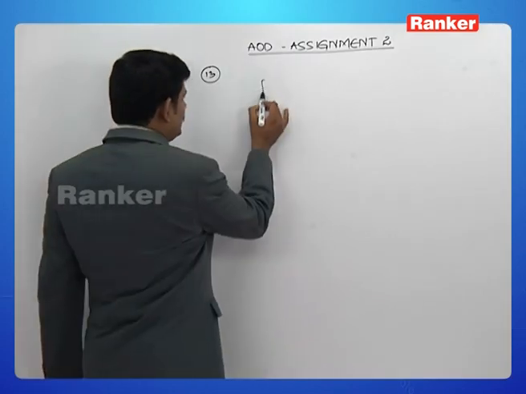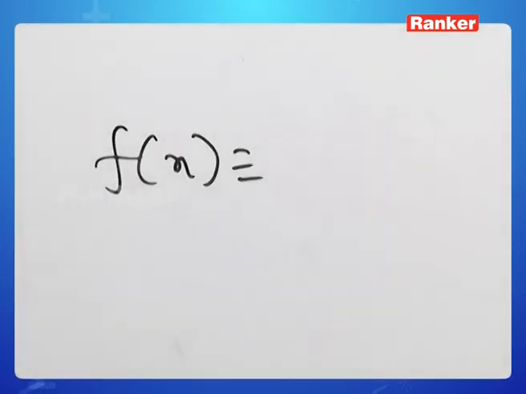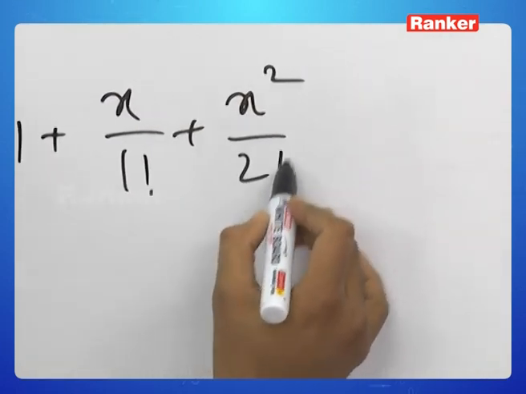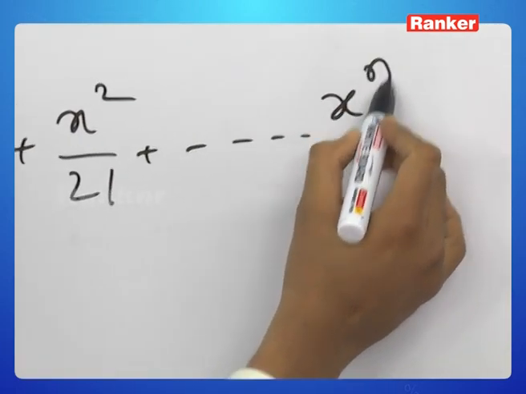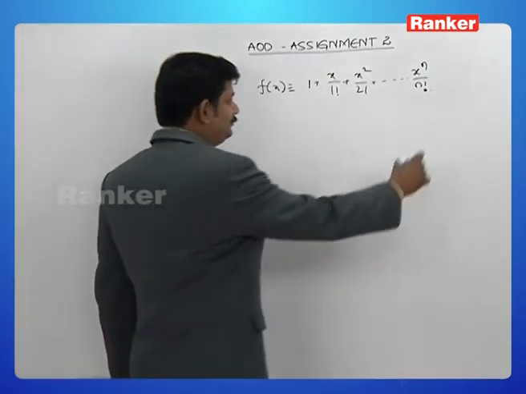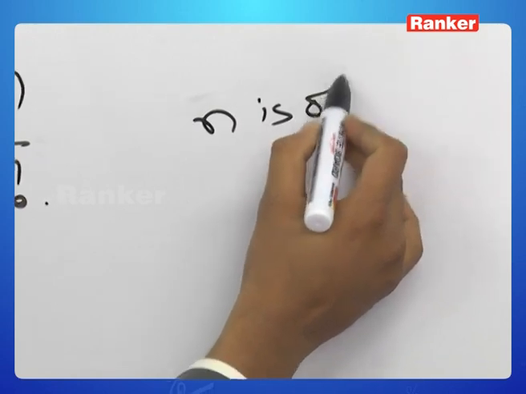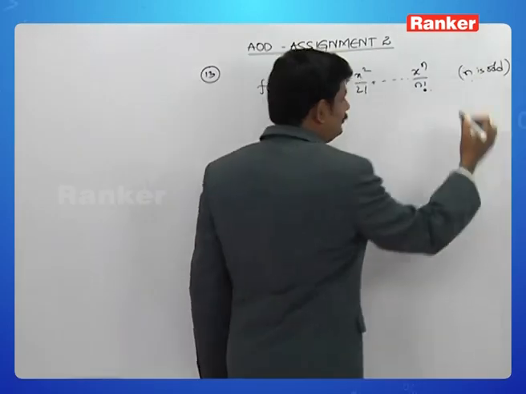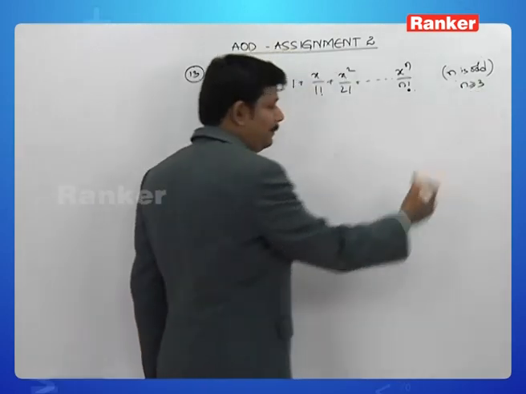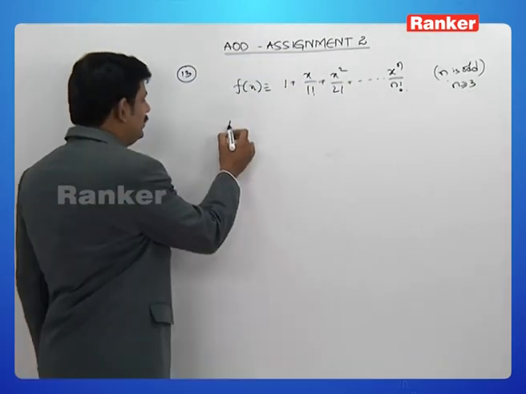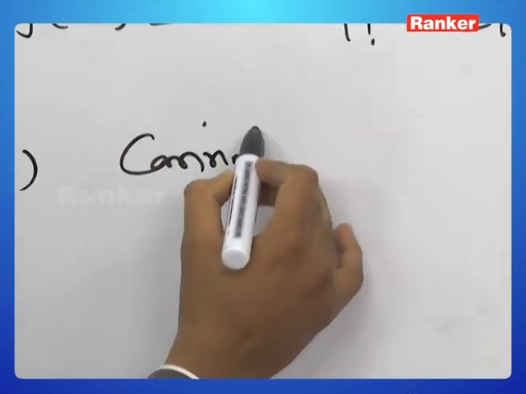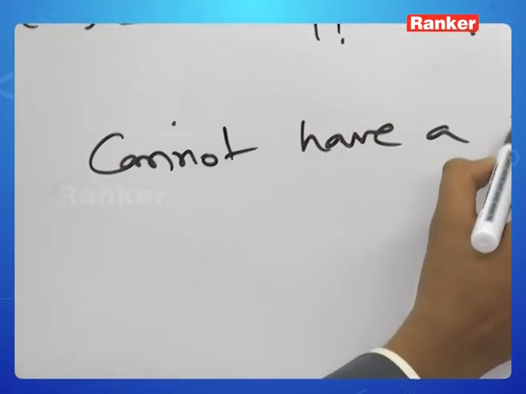We have to observe the function f of x is equal to 1 plus x by 1 factorial plus x square by 2 factorial, and so on up to x power n by n factorial. n is given to be odd and greater than or equal to 3, and the options are: option A, f of x cannot have a real root.